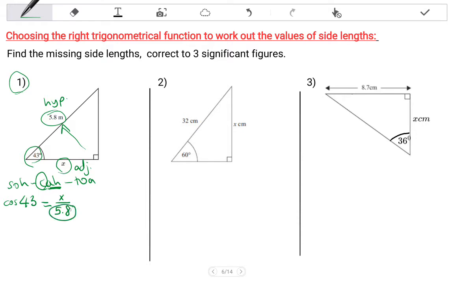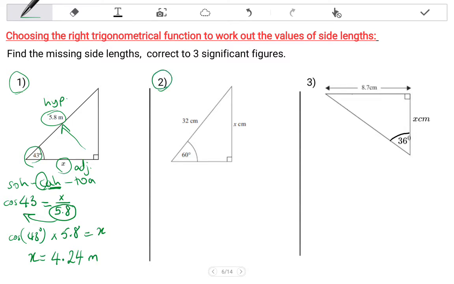I have my calculator next to me, and 5.8 goes to the other side, and I multiply cosine 43 degrees by 5.8 to get the value of x, and it is, correct to three significant figures, 4.24 meters.